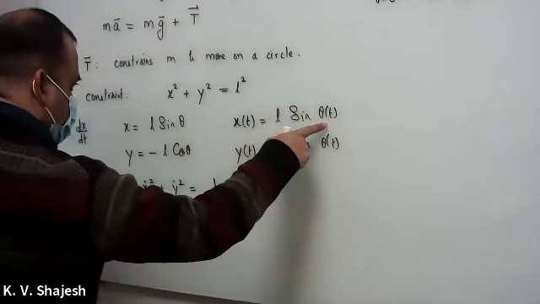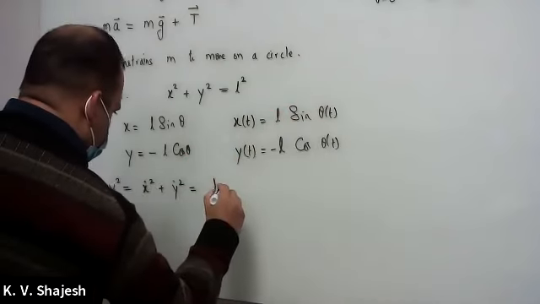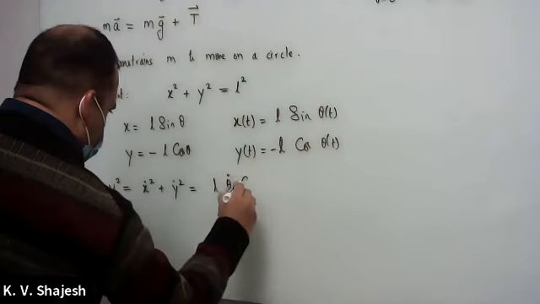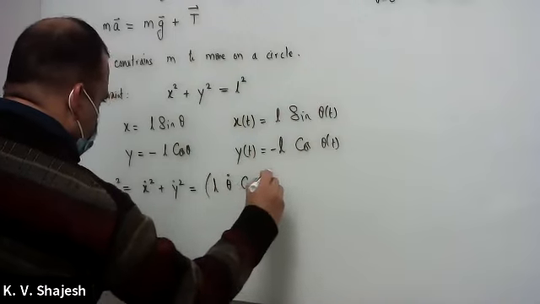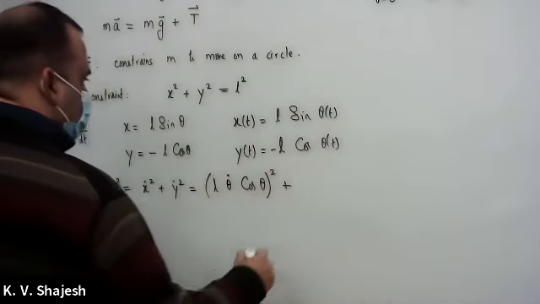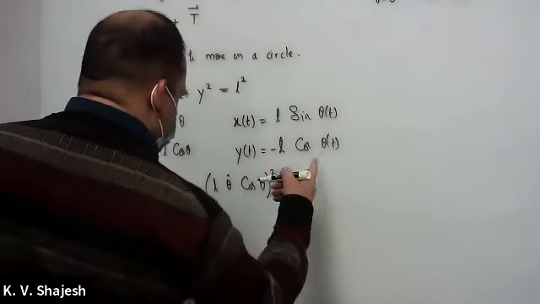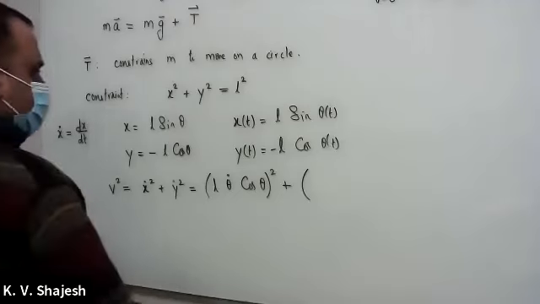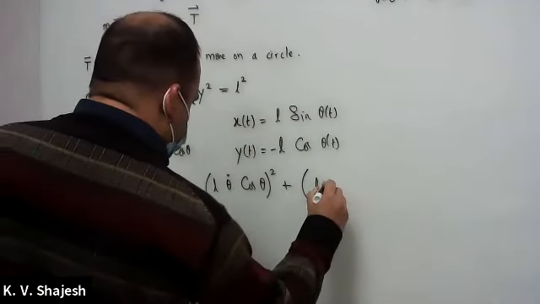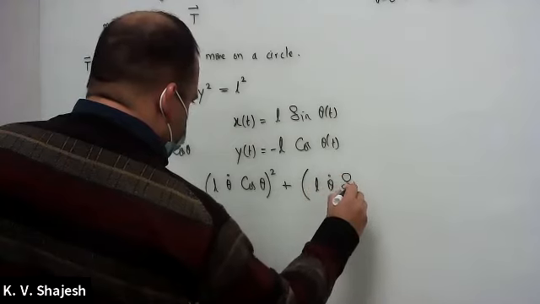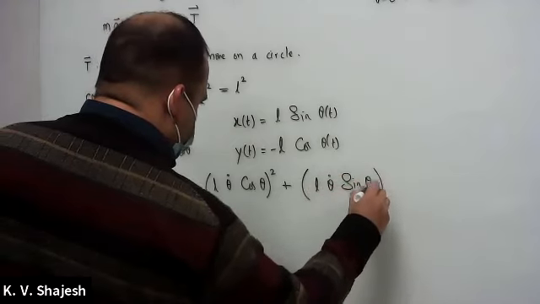But then you have to do the chain rule and get the theta dot, right? So this is L theta dot times cosine theta, squared, plus minus L, but the derivative of cosine gives a minus sign, so this is L times theta dot times sine of theta, the whole squared.